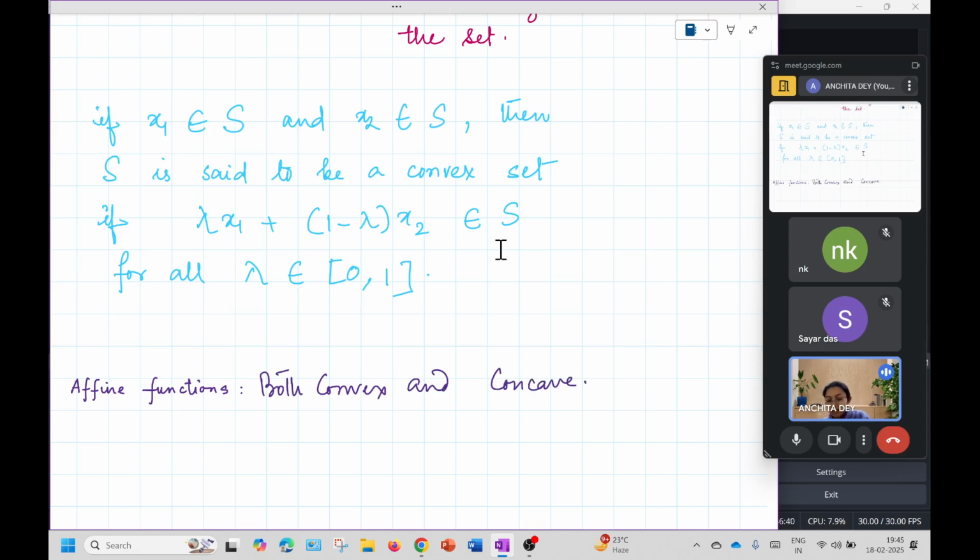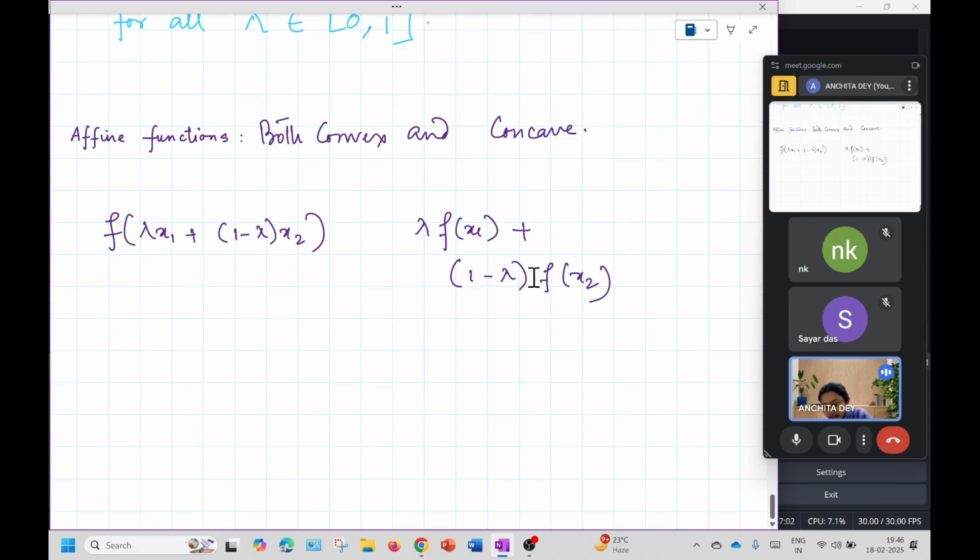Therefore, if you recall, we had this notion: f of lambda x1 plus 1 minus lambda x2 was something related to lambda f of x1 plus 1 minus lambda f of x2. For convexity, we had less than or equal to.